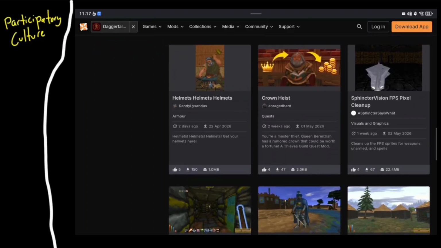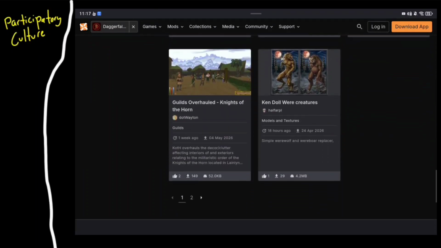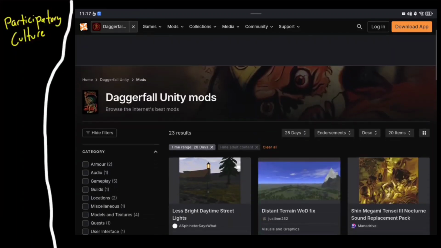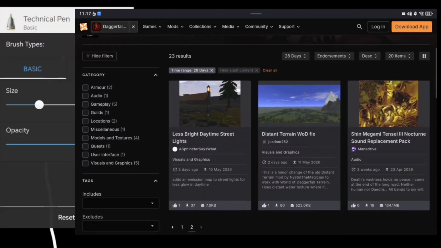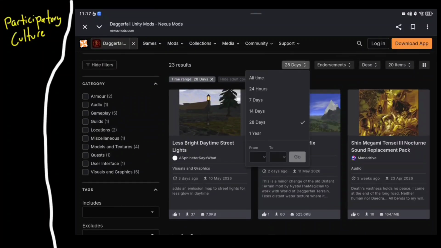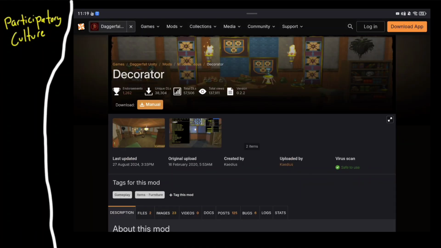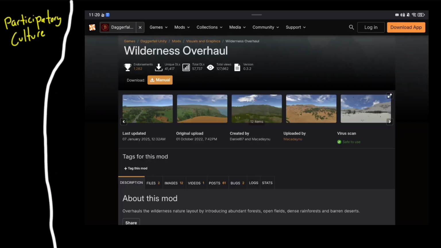So in a way, Daggerfall Unity is a remix, and the mod community remixes the game even further, adding new items, fixing bugs, or adding new ships for you to sell on. There's a lot of gameplay variety when there are mods.